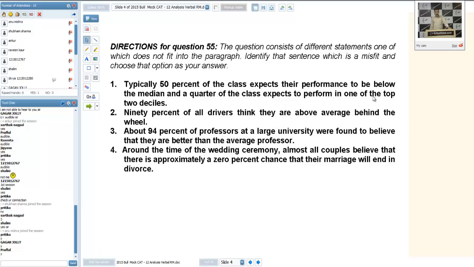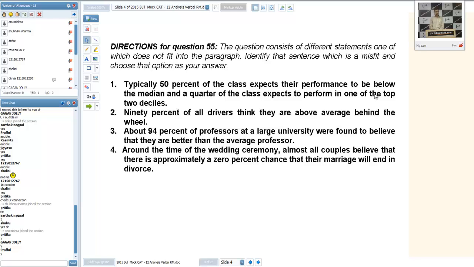The question seems a little tricky in the first go, but if you delve deep a little, you will find it very easy. In the 3 sentences we have, people think they are above average in the area being talked about, while in one of the sentences they are below.